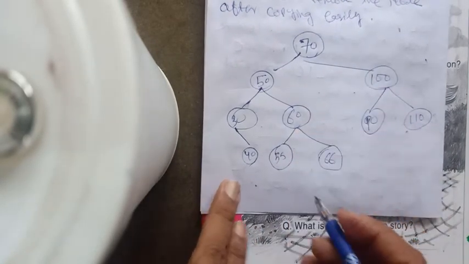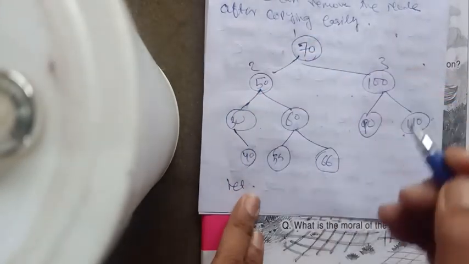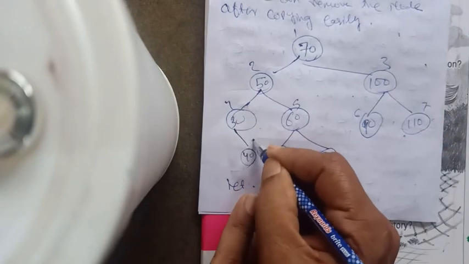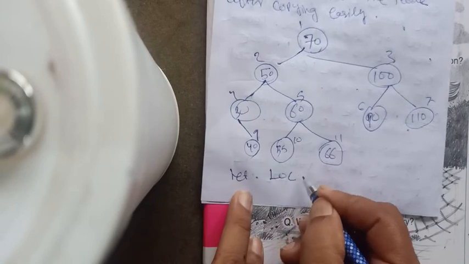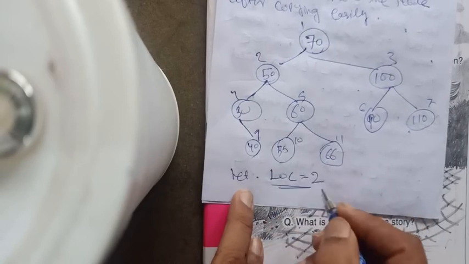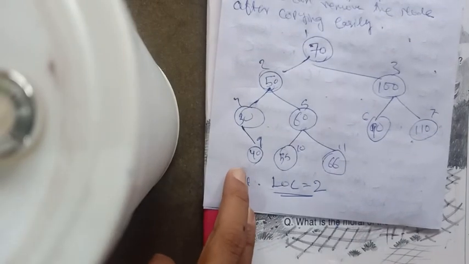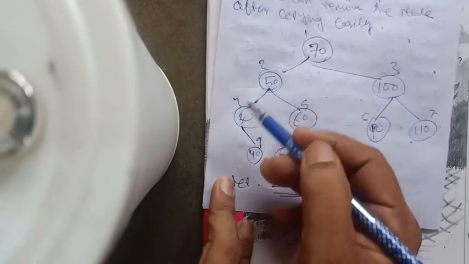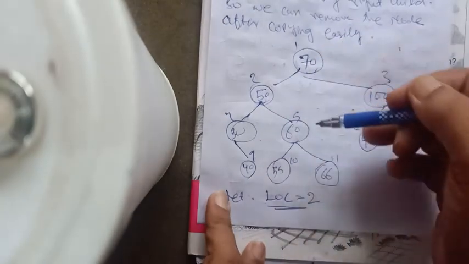Now suppose we want to remove, let LOC be equal to 2, we want to remove 50, so 50 has both children. So what we can do is either pick the largest value from the left of 50, or pick the smallest value from the right of 50.